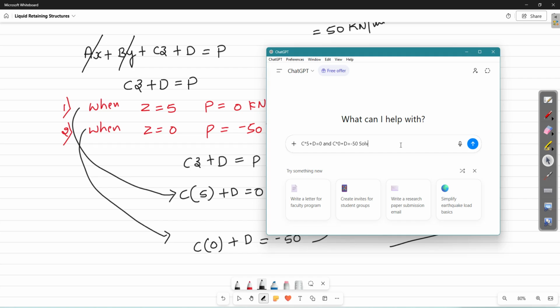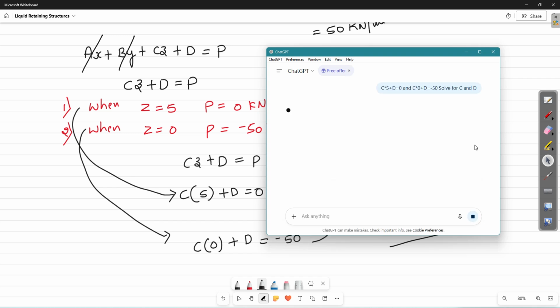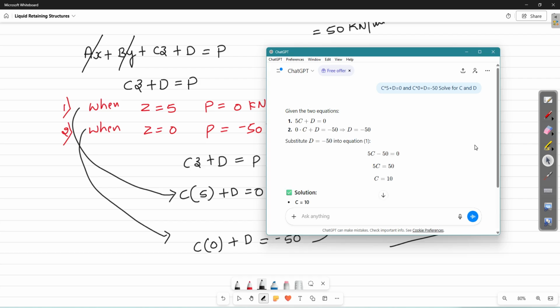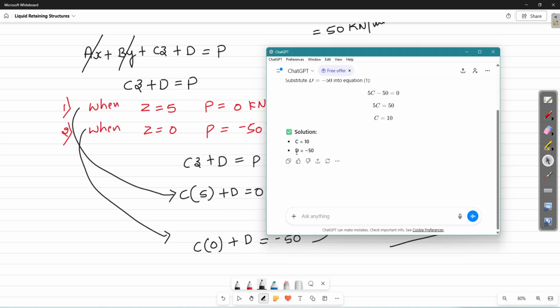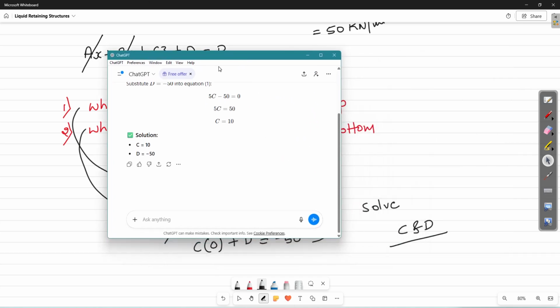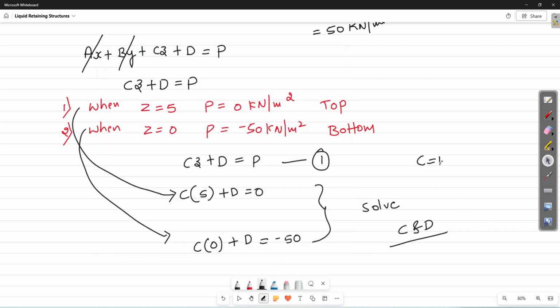So solve for C and D. So your C value is 10 and D value is minus 50. See here, so here C value is 10 and D value is minus 50.